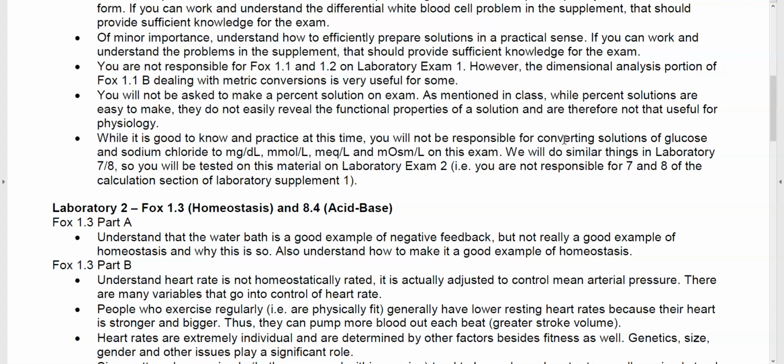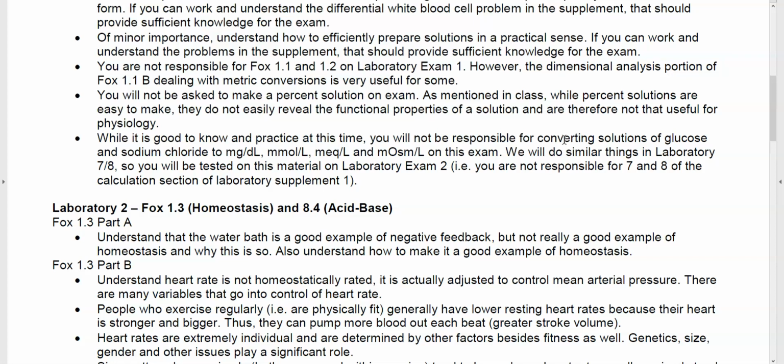You will not be asked to make a percent solution on an exam, and I mentioned this in one of the videos. Percent solutions are really easy to make, but their functional properties are very difficult to understand, and they're not very useful. So making a 10% solution of sodium chloride or glucose really isn't useful functionally, so we don't worry about it.